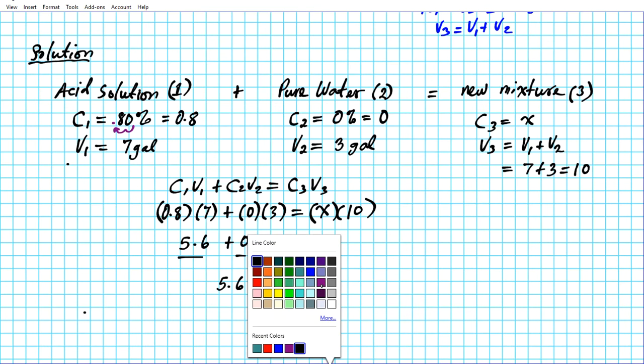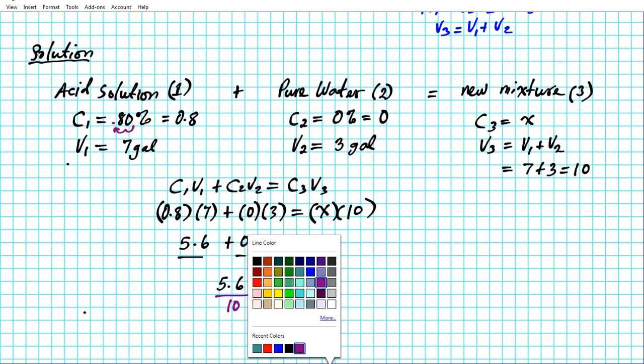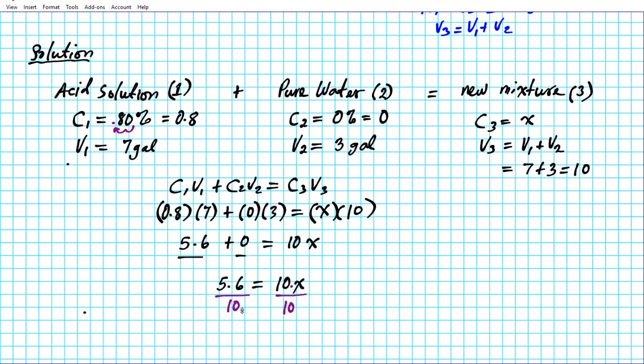Then we divide both sides by 10 because we want to undo the multiplication between 10 and x. So you end up with 5.6 divided by 10. You can use your calculator, or you can convert 10 to 1 by moving the decimal point one place to the left. So you move your decimal point one place to the left on the bottom, and do the same on the top.